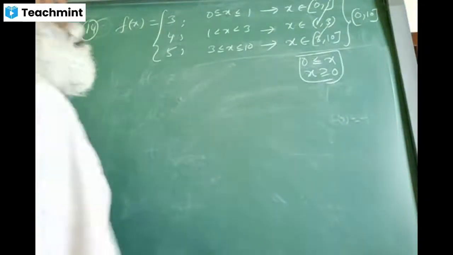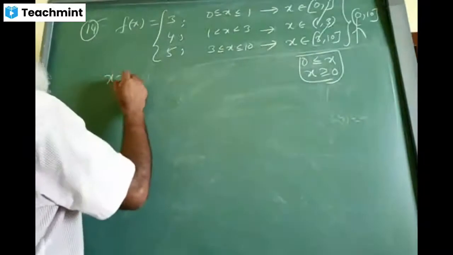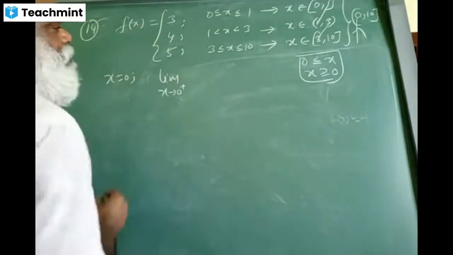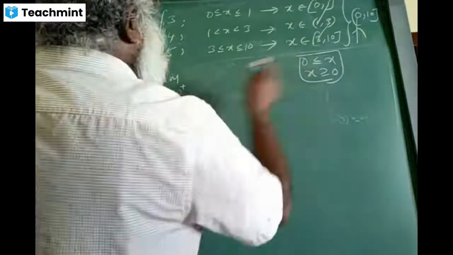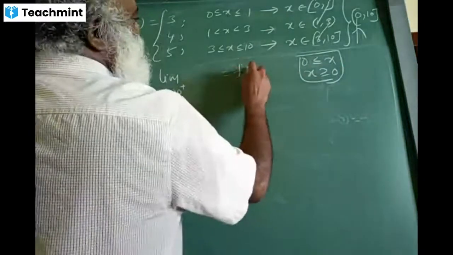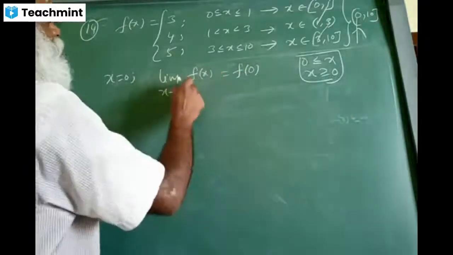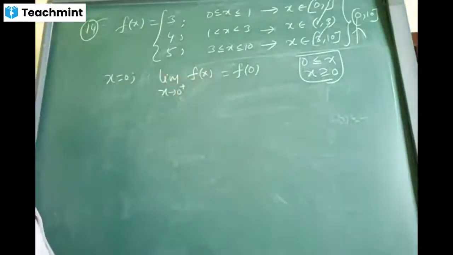So at x equal to 0, limit x tends to 0 plus f of x and f of 0. This is the definition of continuity at x equal to 0, because 0 is the extreme.